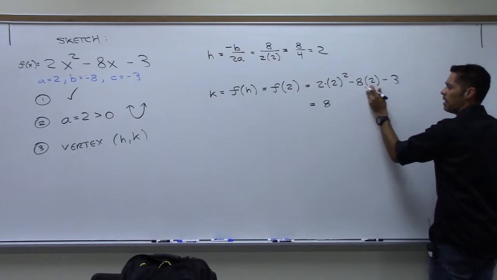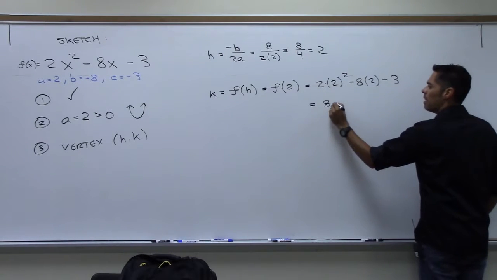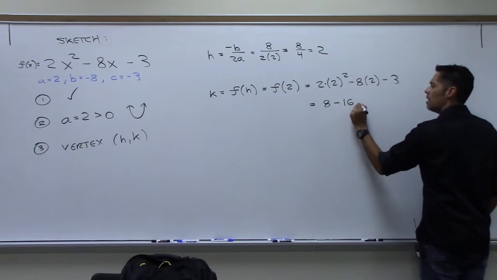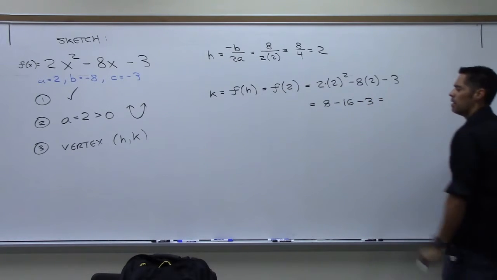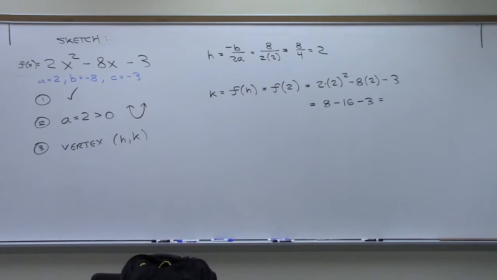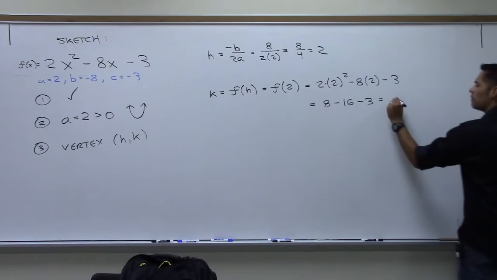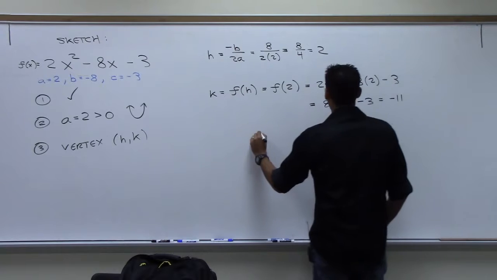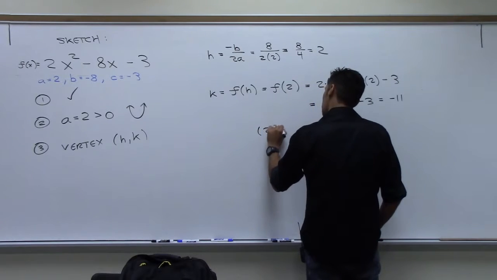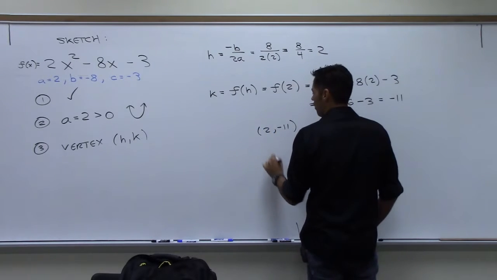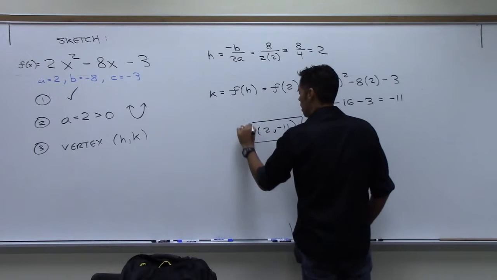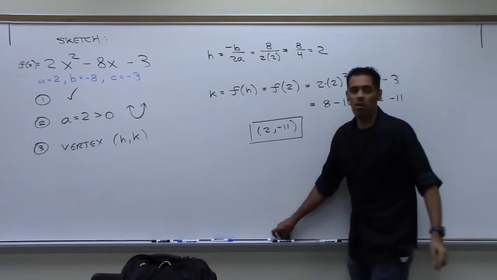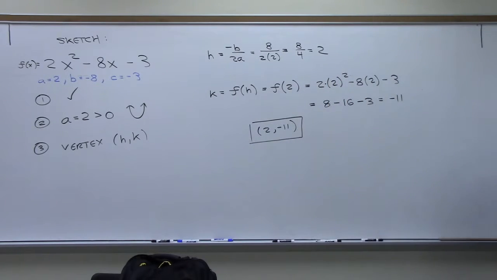And then I do this multiplication before I do the subtraction, right? So minus 16 and then minus 3. What's that? Negative 11. So what I can tell you right now is that my vertex is the point 2, negative 11. Right? That's my vertex.